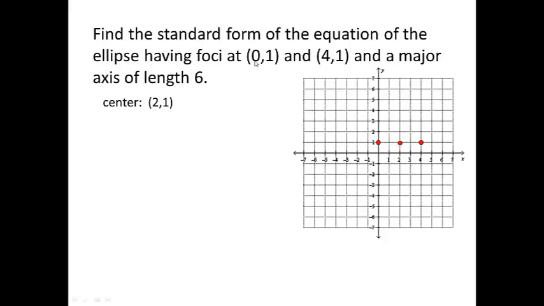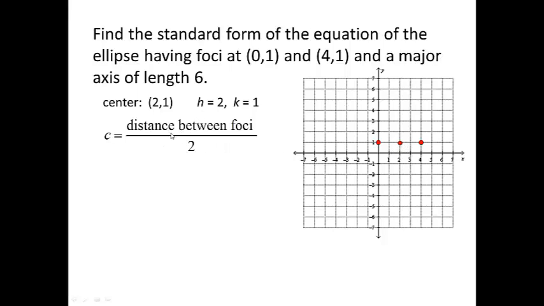You can see it's the average of these numbers: 0 plus 4 divided by 2 is 2, and 1 plus 1 divided by 2 is 1. So that's how you find the center. Okay, so we know my major axis is 6. That means a has to equal half of that. Or, sorry, c, we're going to do this first.